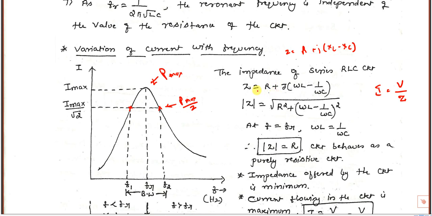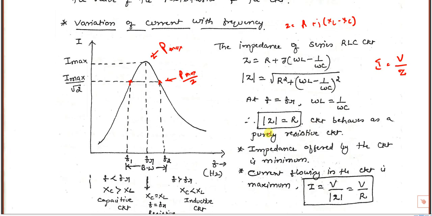The impedance of the series circuit is given by R plus j(omega L minus 1 by omega C), and the magnitude of impedance is given by root of R square plus (omega L minus 1 by omega C) whole square. At resonance frequency, XL is equal to XC and they cancel. So the magnitude of impedance becomes R, and the circuit behaves as a purely resistive circuit.